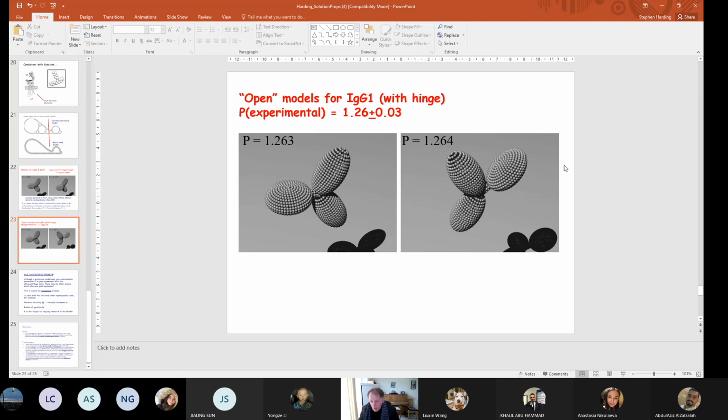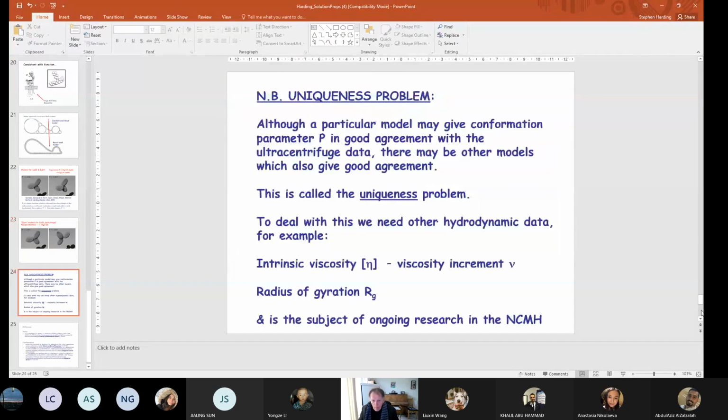So in practice we don't rely on a single experimental technique like the sedimentation coefficient, but we also model other hydrodynamic data.